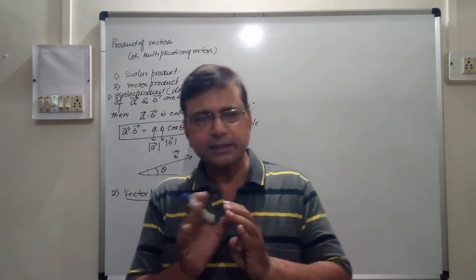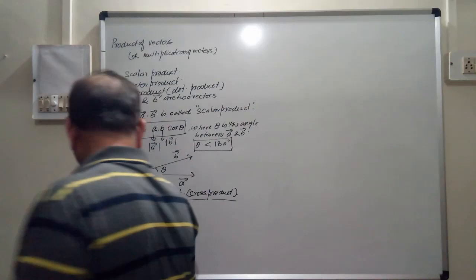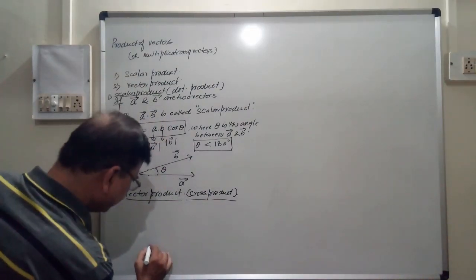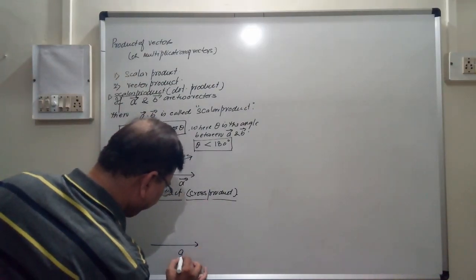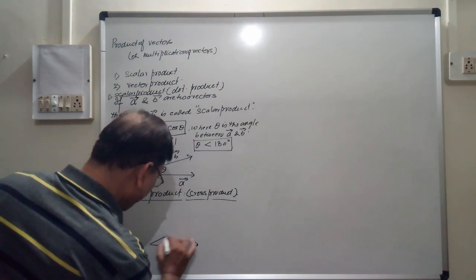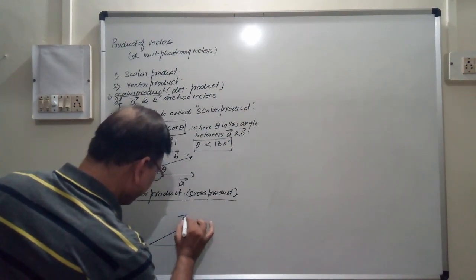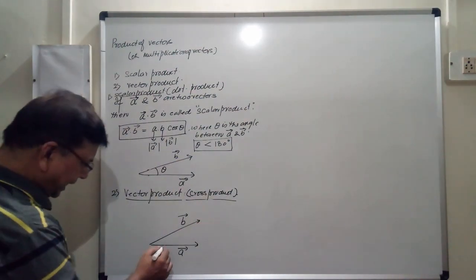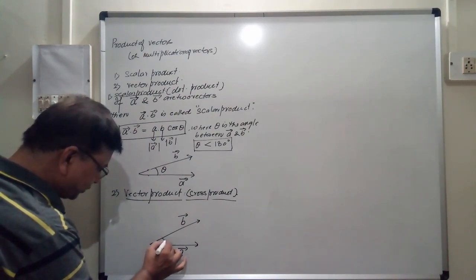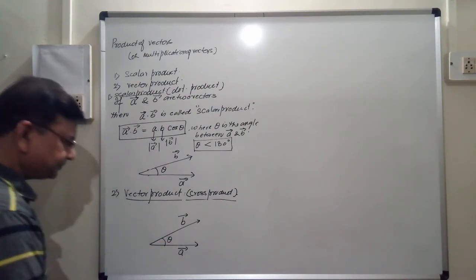and there is a certain concept in this. Suppose this is the vector A and another vector B, as I have told you in this case, and the angle between these two is theta.